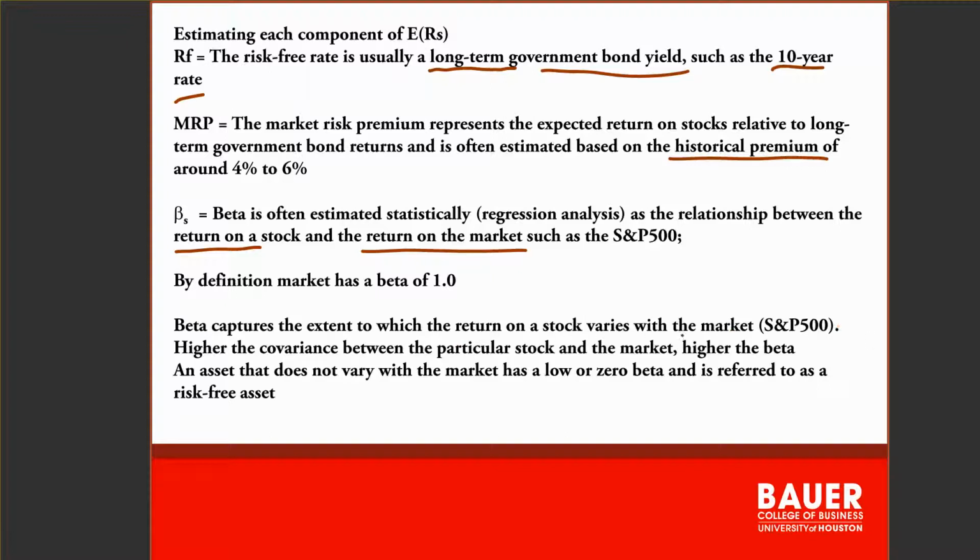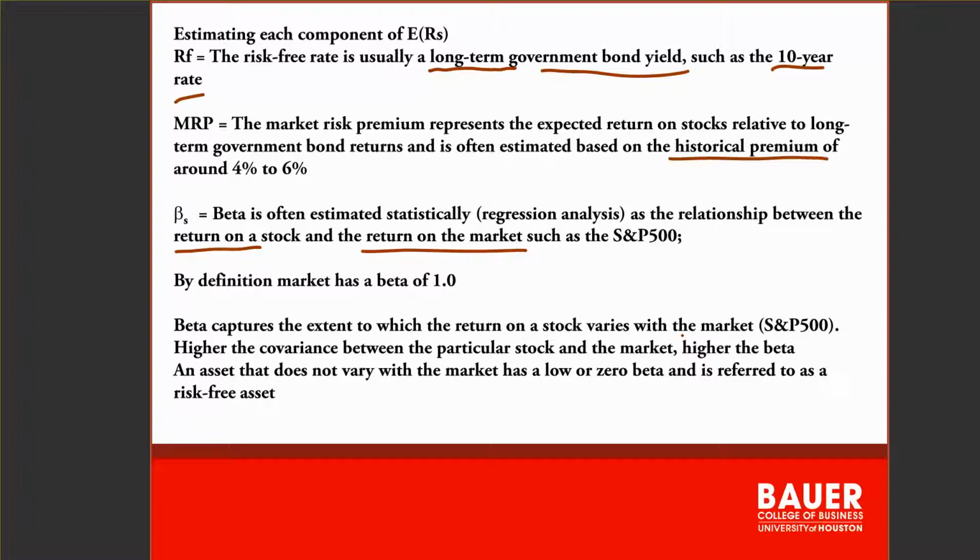So let's say you have a stock like McDonald's. If the S&P 500 does very well, the economy is booming, the market goes up, say 10%. McDonald's stock goes up, but doesn't go up by 10%, maybe by 2%.